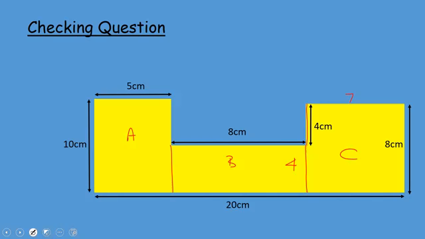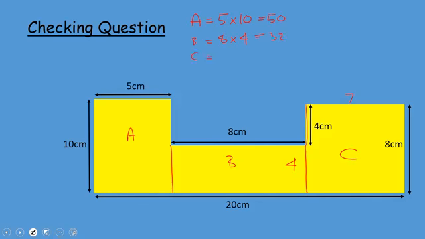So first job, we're going to work out what our area is. So my area of A is 5 times 10, which is 50. B, I've got 8 times 4, which is 32.